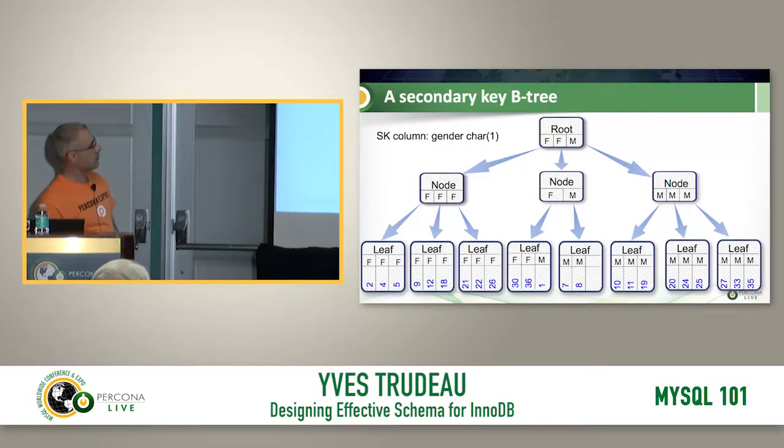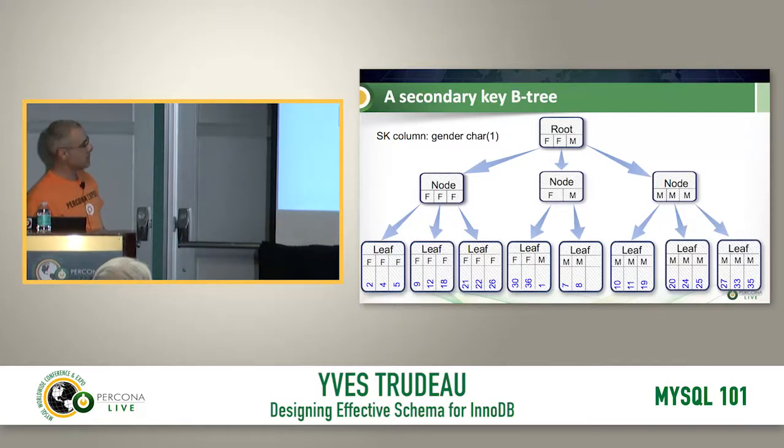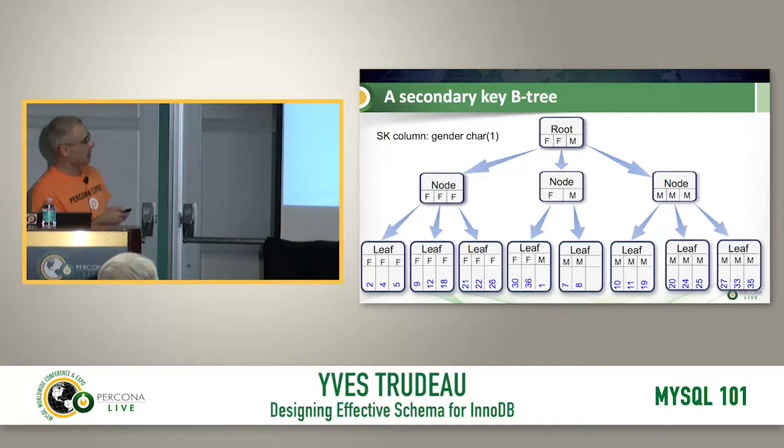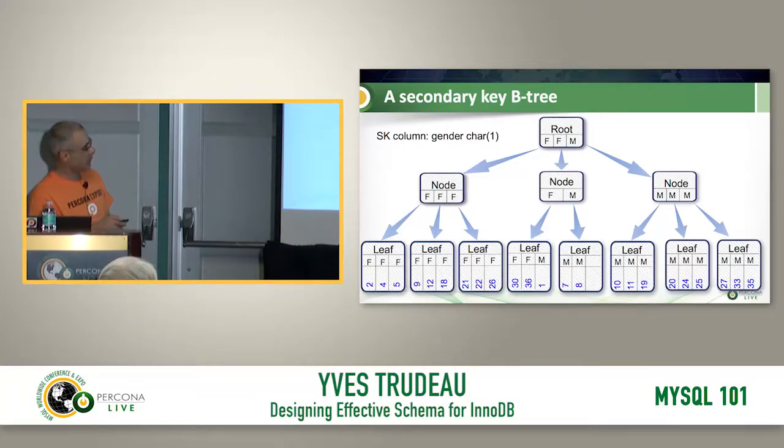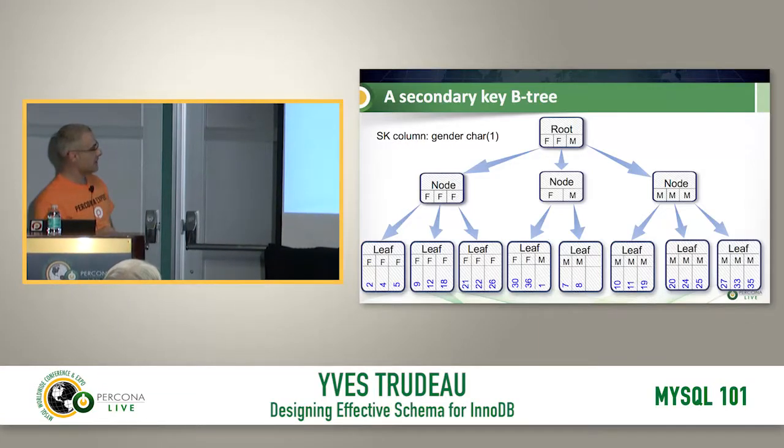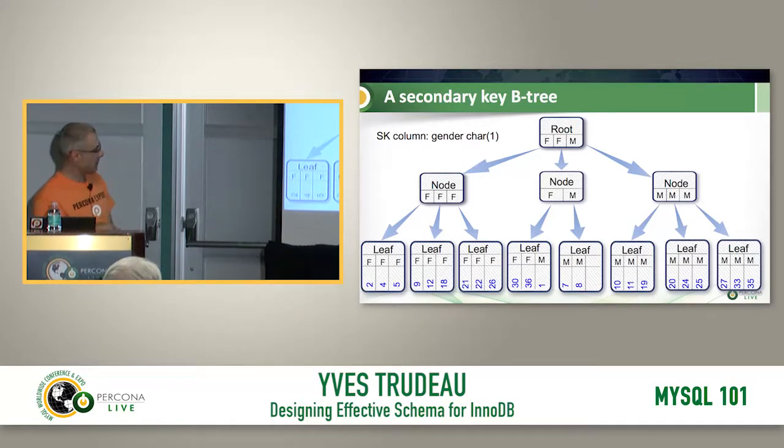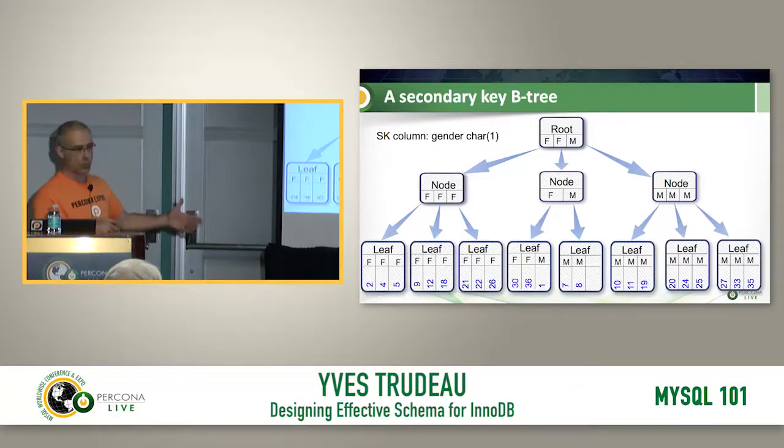So a secondary key is about the same thing. Let's say here on gender, you go down, you have the nodes, so all female are here, all male are on the other side. And at the last level, you have all the entries with the primary key values of the rows.